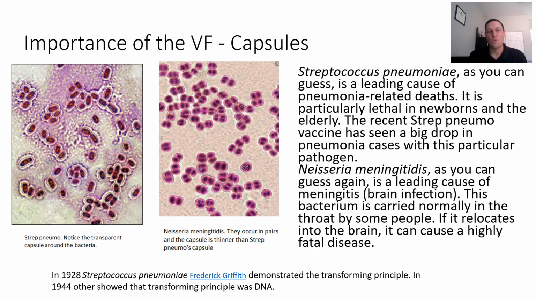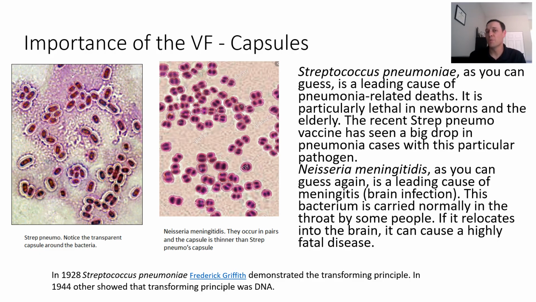Both of these are really, really tricky organisms to deal with for the reasons stated before. They have capsules, they have this cell structure that gives them added protection and also increased ability to colonize us in areas where we obviously don't want them. So it enhances these organisms' ability to cause disease and act as a pathogen.